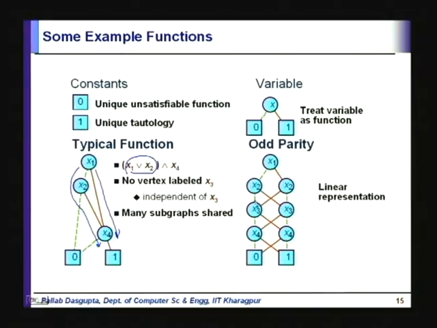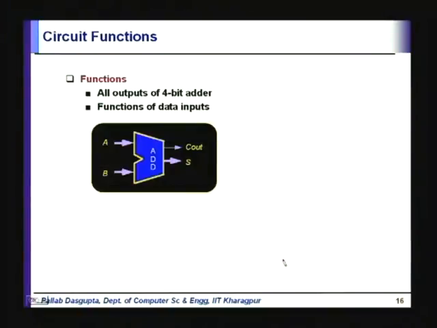So, you can see that if you take an odd number of red edges, then you come to 1. If you take an even number of red edges, then you end up with 0. So, this is an example.